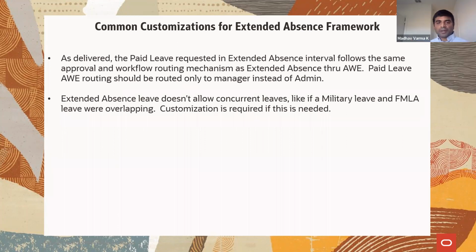I do not say it's a big customization, but it's a common customization that many people have, especially the clients on the west coast. I've seen it in some of the colleges, and they do ask for it, especially for concurrent leaves.